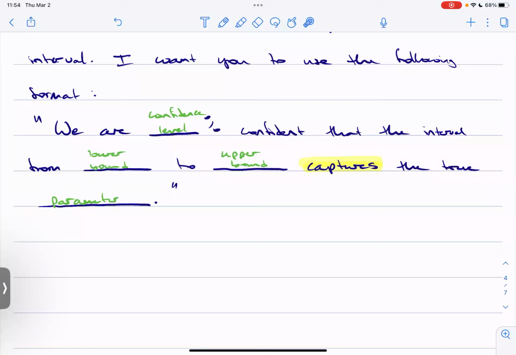We are 95% confident that the interval from blank to blank captures the true proportion of chips with defects produced that week. You just take the question, reword it as an answer, and sometimes the wording gets a little bit weird, but that's okay. I don't need you to finesse it or anything. You can just turn it into an answer, and I'm fine with that.